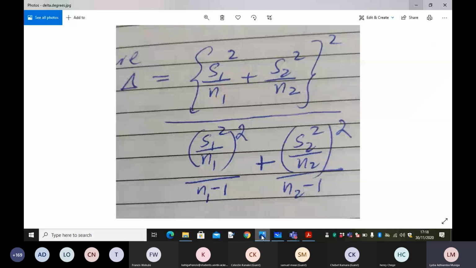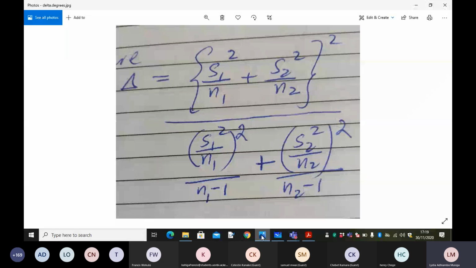Now, delta degrees of freedom is computed using the formula that I have shown on the slide. I usually give this formula in the exam because it's rather confusing.